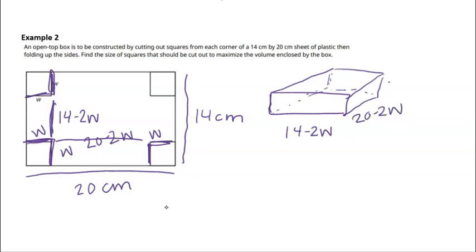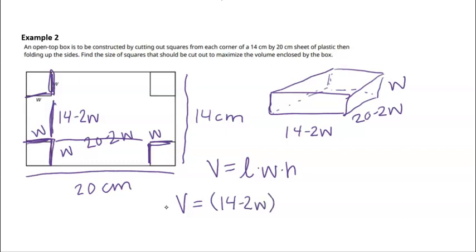And then when I fold up the sides, the height is going to give me W. All right, so I want to maximize volume. Volume is equal to length times width times height. So 14 minus 2W, 20 minus 2W, times W.